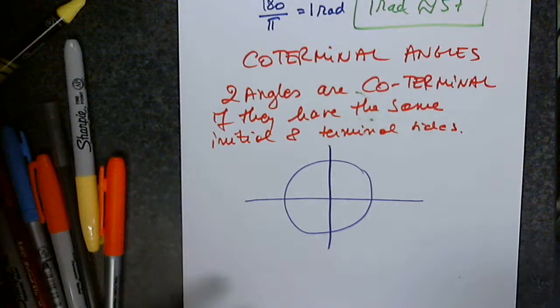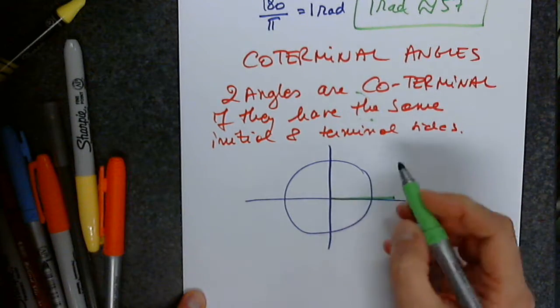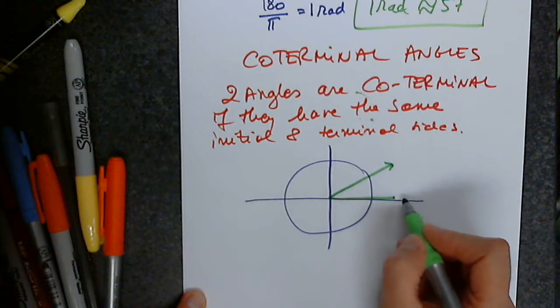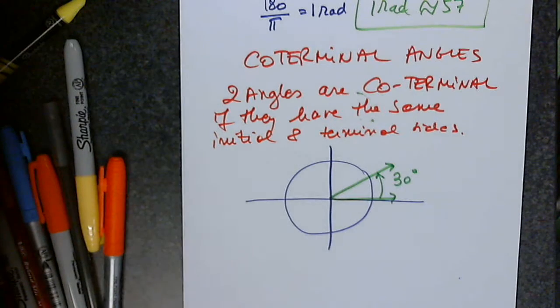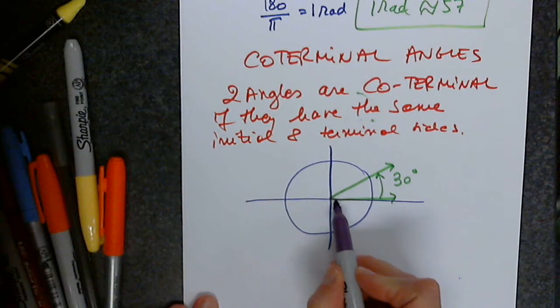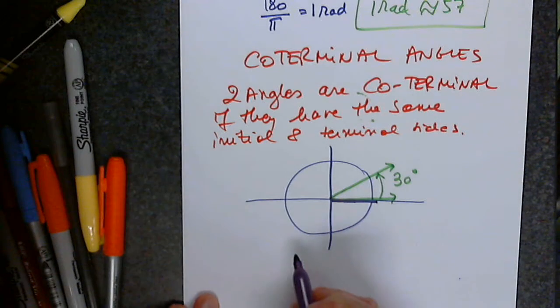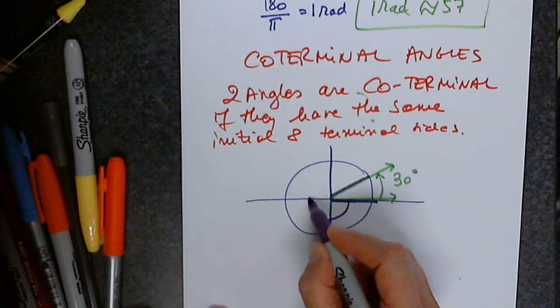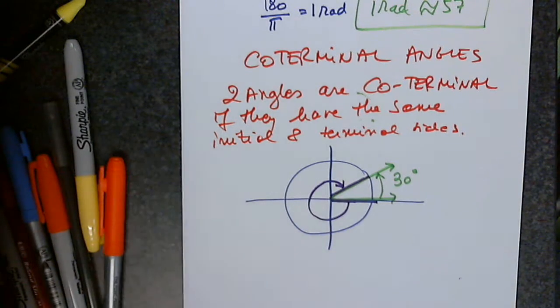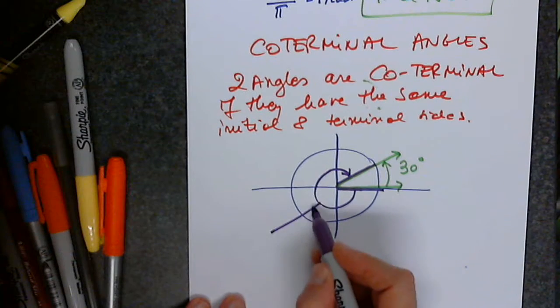So here's the first angle. Let's say it has 30 degrees. So here's my 30-degree angle. It's a positive angle. I will say 30 degrees. Here is a negative angle that will be coterminal with this one. It has to start at the same spot, and it has to end at the same spot. So this is one option. What will be this coterminal angle?